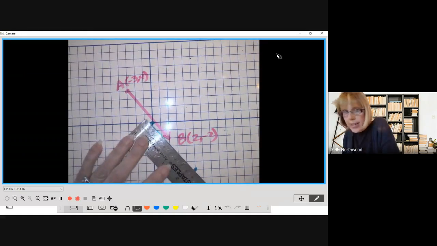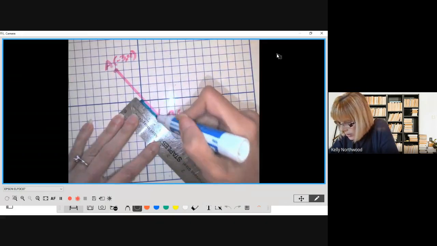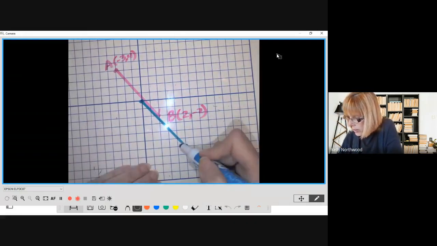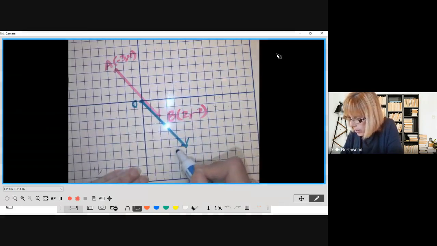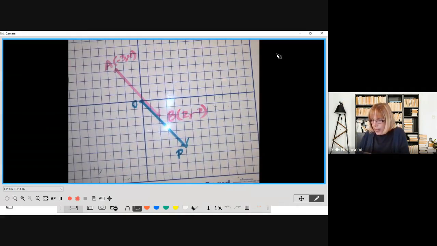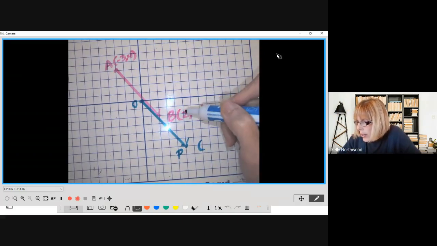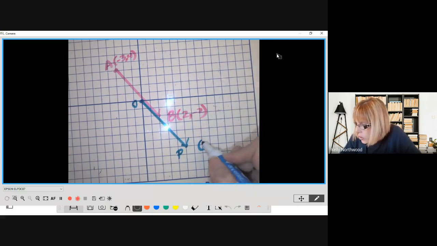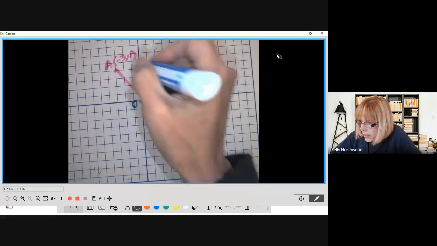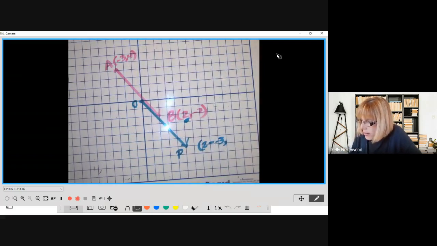So hopefully you guys can see that on your screen too. That should be my algebraic vector OP, if I want to call it that. But this point here, P, should be able to be found by doing B minus A. So 2 subtract -3 should be the x component of the ending point, and -2 subtract 4 should be the y component, which gives (5, -6).